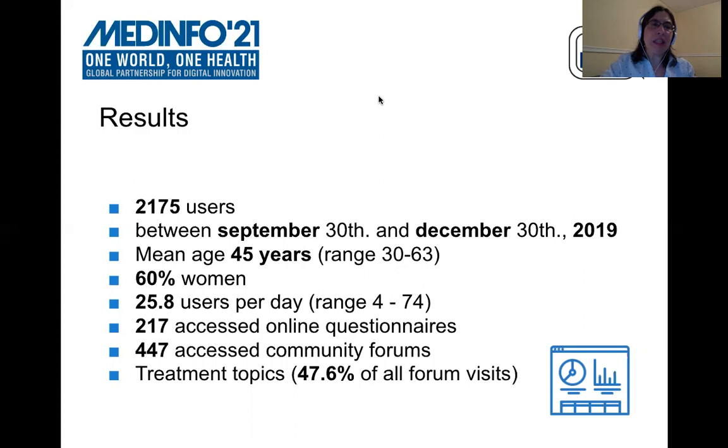Almost 26 users per day used the community, in a range from 4 to 74. 217 accessed online questionnaires, and 447 accessed community forums. And the most visited forums were those related to treatment topics.